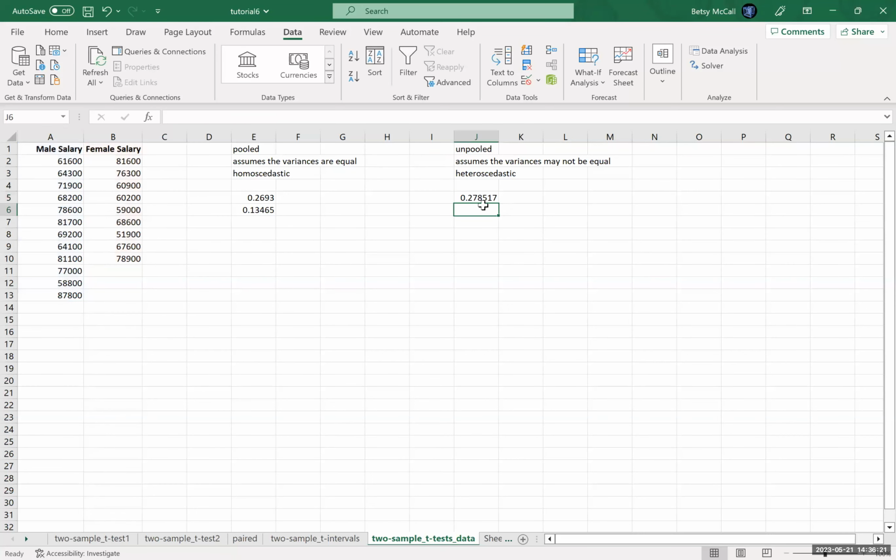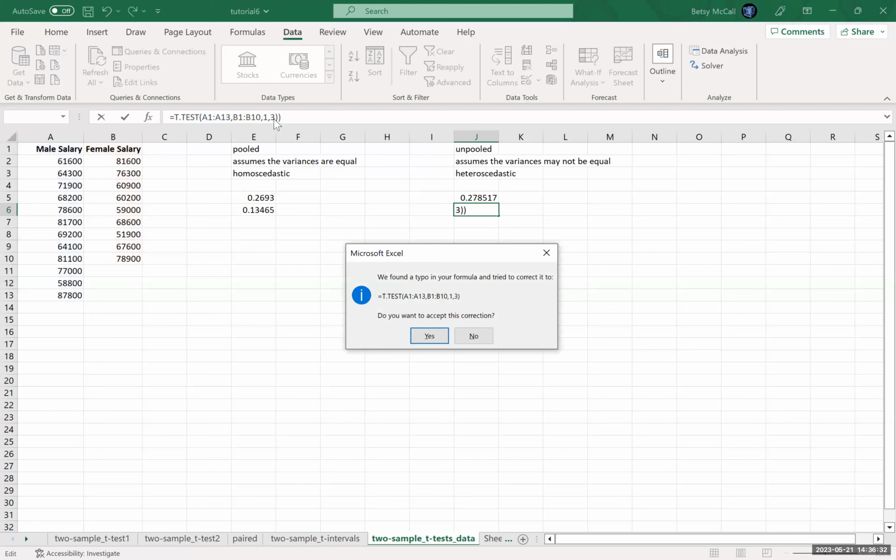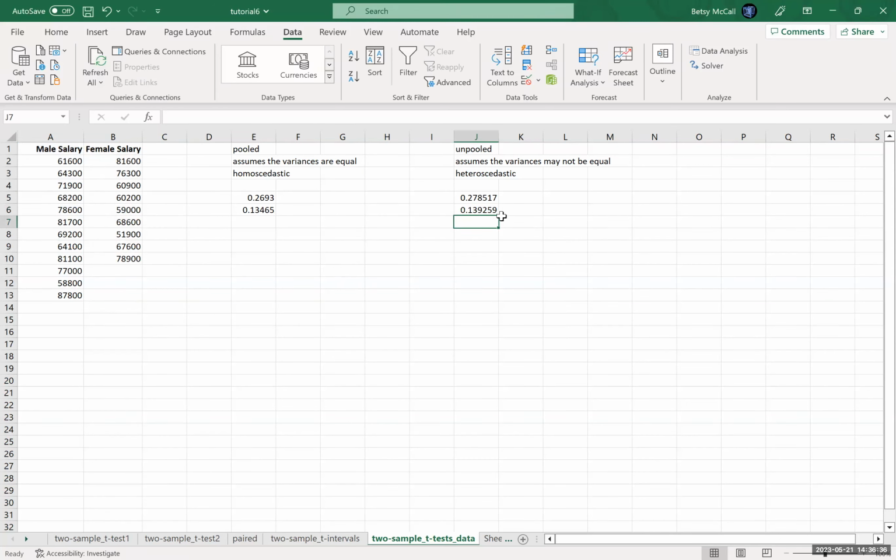And again, you can see the percentage is a little bit higher. And I'm just going to compare this to the one-tailed test, type 3. Yes, I had too many parentheses, sorry. And again, it's half of what the higher value is.